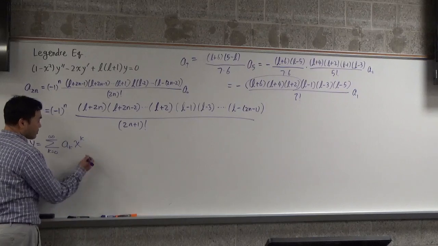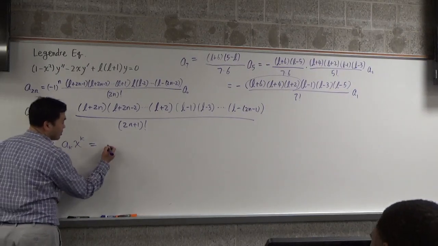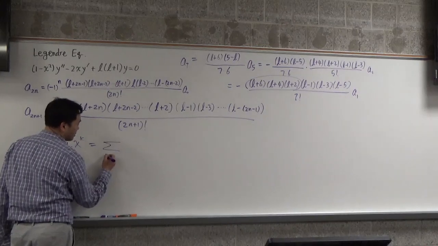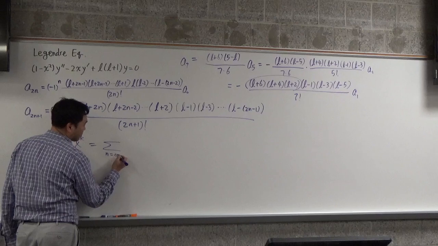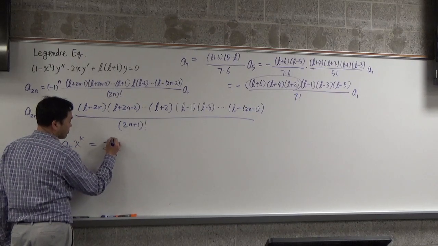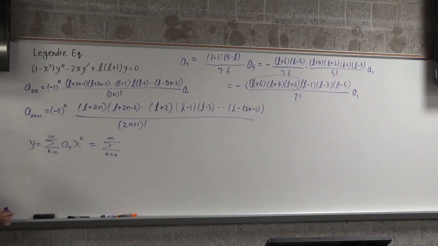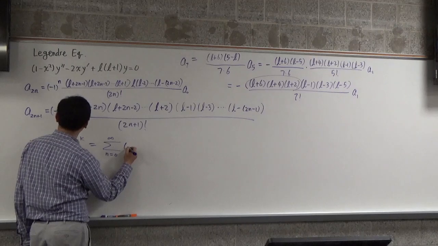And the final answer will be, when k is even, you get sigma n from 0 through infinity. When k is 2n, you end up with a_2n x to the 2n, which is this thing. So I have to copy this terrible thing.